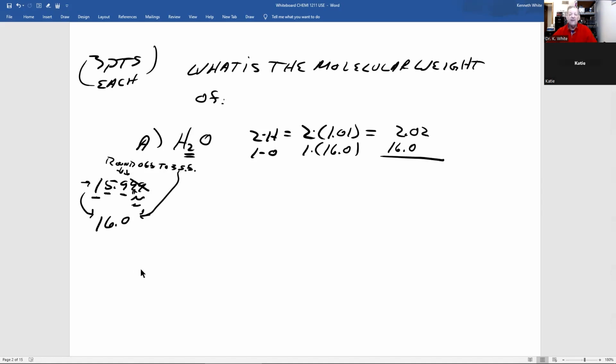Now, the molecular weight is the sum of all atomic weights. So now I'm going to add 2.02 plus 16.0. And this is the number you get. Now, I skipped it earlier, but I'm going to have to talk about it now.